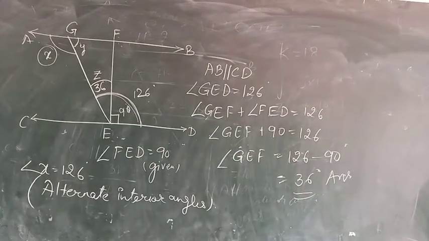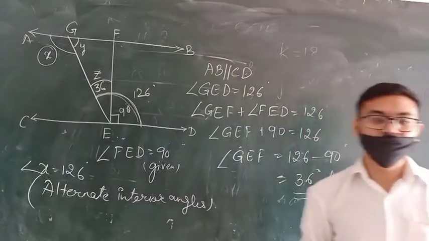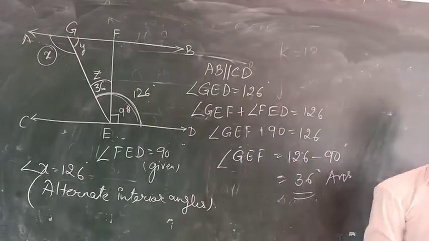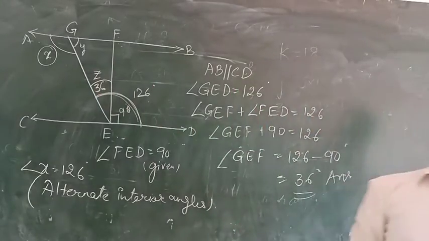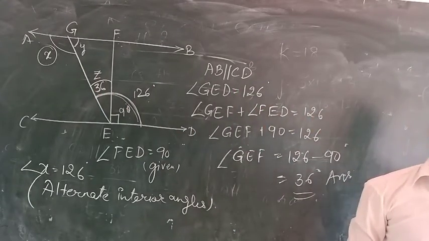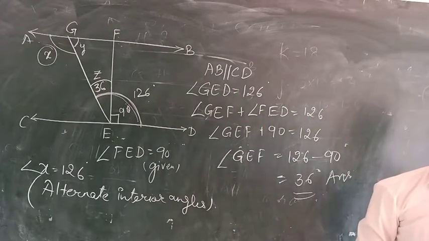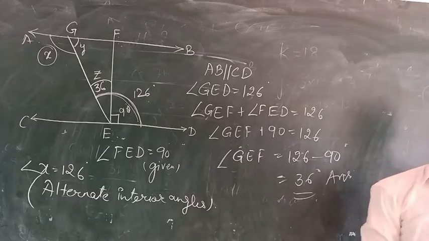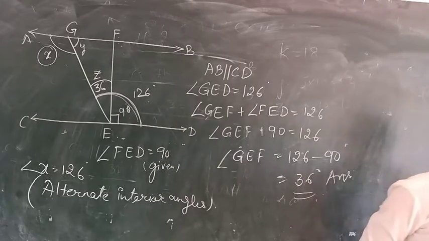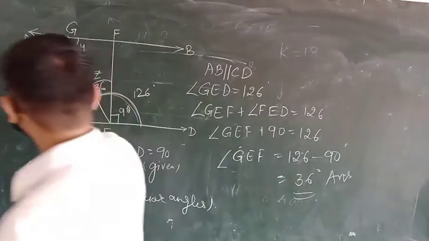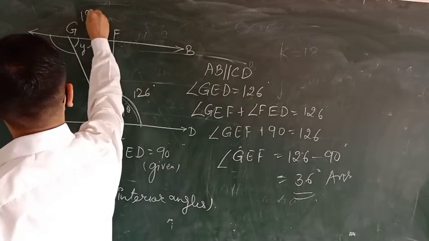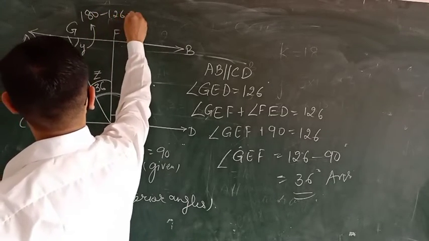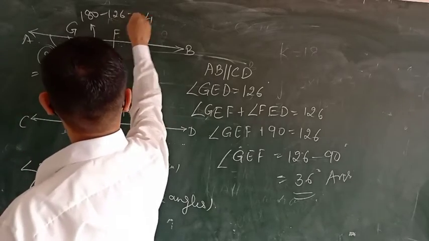Now how to get the value of y? Yes beta, how to get the value of y? Please give me the answer. Yes. Linear pair angle. So the value of x is 126 degrees, and the value of y is equal to 180 minus 126, which is 54 degrees.